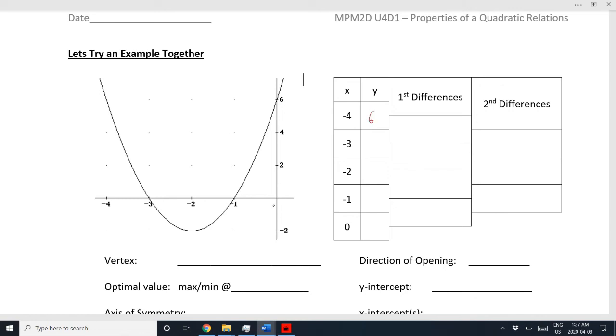When x is equal to -3, y will equal 0. When x is equal to -2, y will be equal to -2. When x is equal to -1, y is equal to 0. And when x is equal to 0, y is equal to +6.